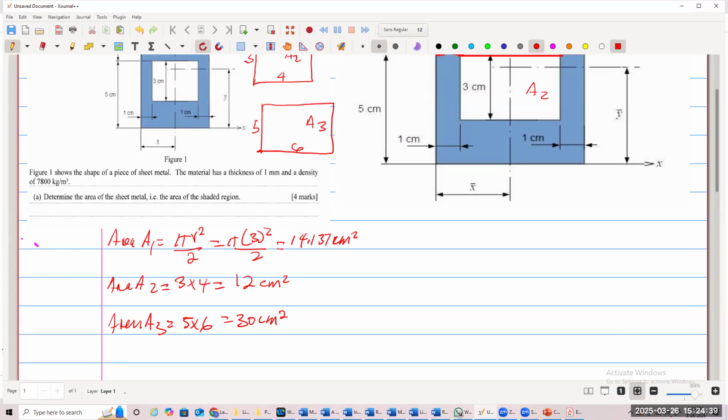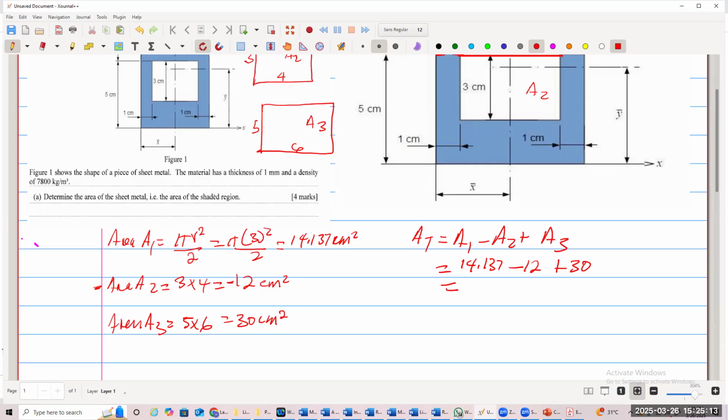Therefore, we want to calculate the total area. The total area is area 1, but which one of them is minus? A2 is a negative area. So it's A1 minus A2 plus A3, which is 14.137 minus 12 plus 30.